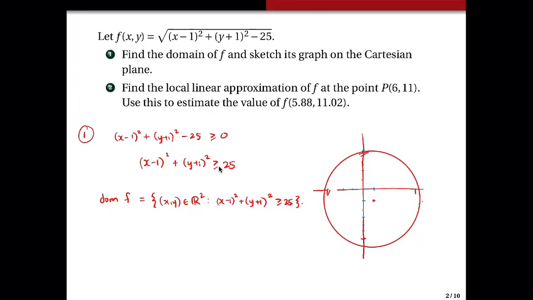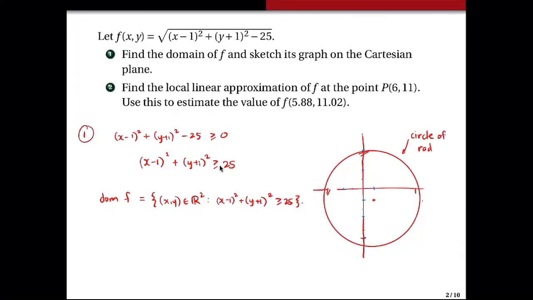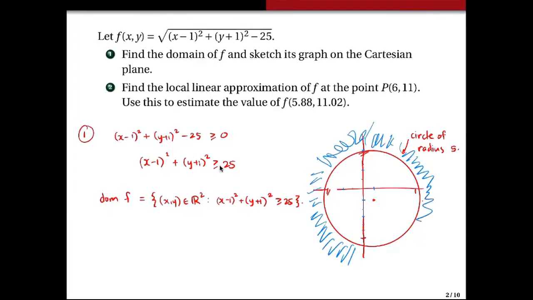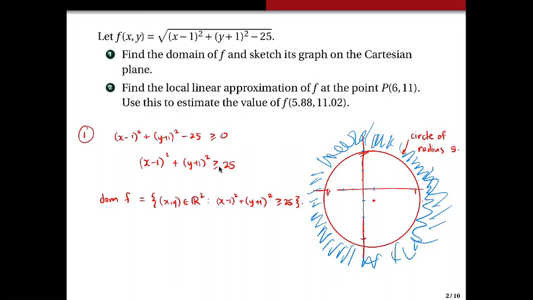So let's say this is a circle of radius 5. And the domain is the outer part of that circle, of the disk. Okay, so that's our domain. So that's for the first part.